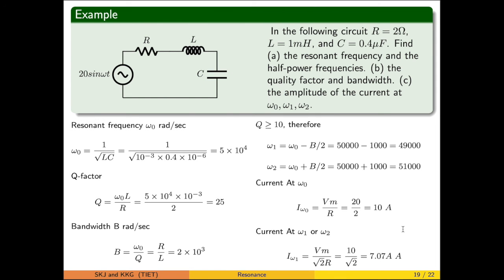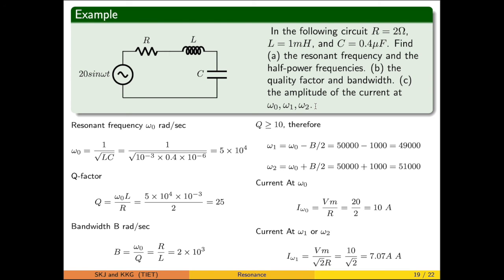This is a series RLC circuit, where the resistance value, inductance value and capacitance value are specified. We have to calculate the resonant frequency, half power frequency, quality factor, bandwidth, and the amplitude of the current at the resonant frequency and the half power frequency.